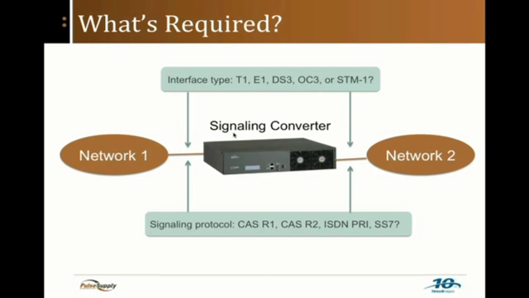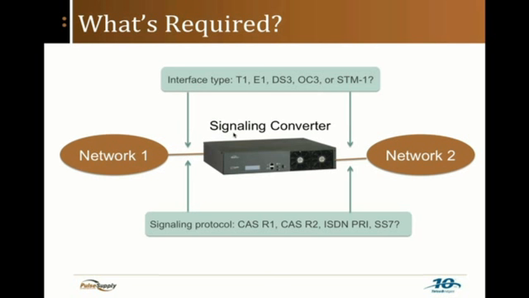And I list here on the bottom some of the signaling protocols that you may need to support, and that the signaling converter is able to adapt between, such as CAS-R1 or T1 CAS signaling, such as E&M signaling, or CAS-R2, which is widely used in Latin America and South America, or ISDN PRI and SS7.